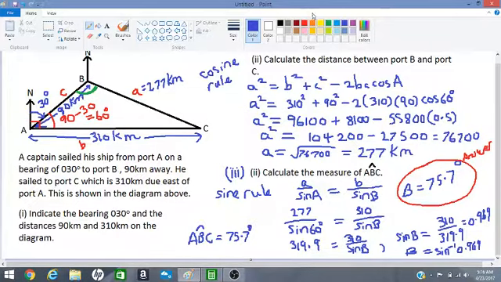Okay, and that angle will be here. This angle 75.7 degrees, in green on our diagram. Okay, so I hope this was useful to you, and all the best in your studies and your exams.